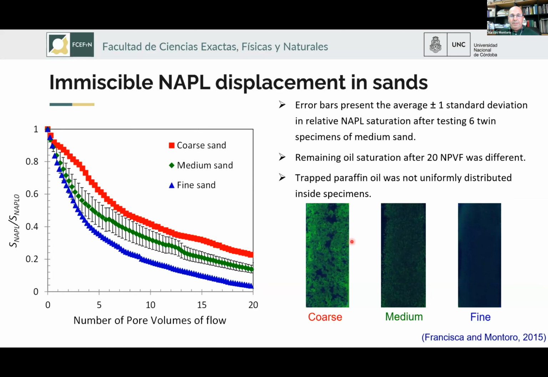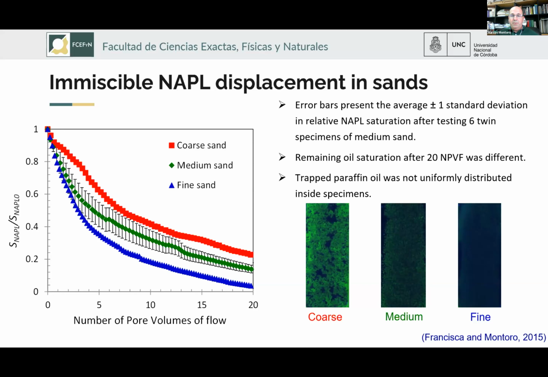The pictures we presented in these slides show the state of the face of each specimen at the end of the test. The green areas were invaded by colored water. The green intensity, as you can see, decreased with the decrease in the grain size. However, the water distribution in the face of the specimen is more uniform for finer grains.